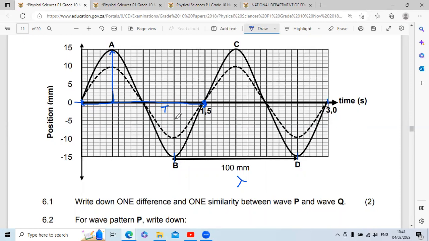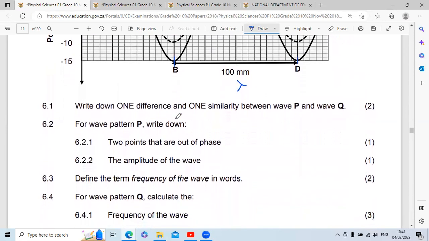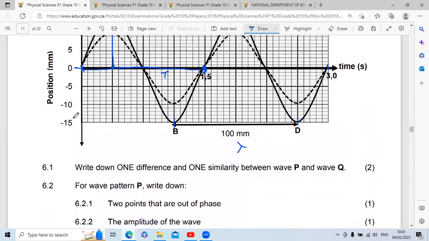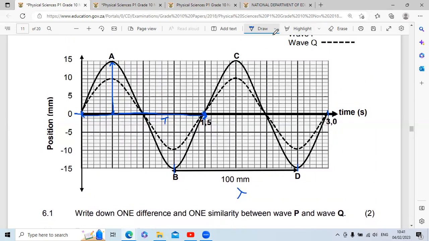So now we can go on to our questions. Question one, 6.1: write down one difference and one similarity between wave P and wave Q. If we look at wave P and wave Q, the solid one is P and the dashed one is Q. What can you say is different?